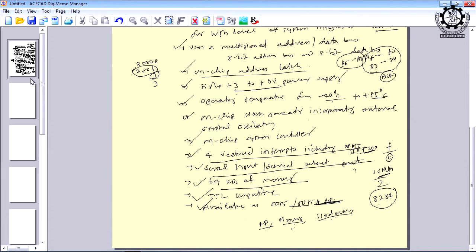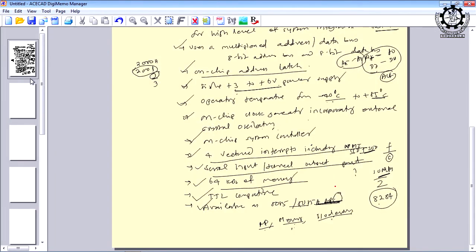And what is the difference between 8085 and 8085A is a question and assignment. Just search the net, search the manufacturer's website of the Intel series of microprocessors, what is the meaning of this A and why they have given the 8085A. I am giving this as an assignment question.